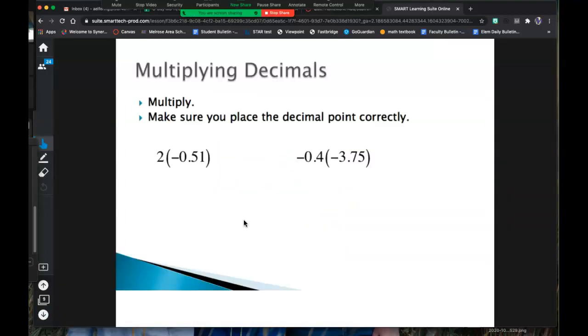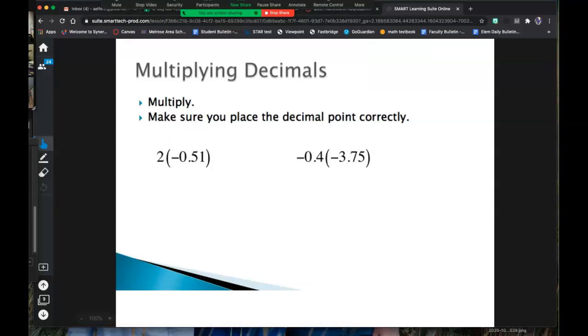Okay, this is the last slide. Multiplying decimals. You guys, we're going to make use of our calculator here. If we're going to multiply decimals, I am not going to make you multiply longhand. Okay? I'm going to look at that first one and grab my calculator, and don't worry about the negative sign.